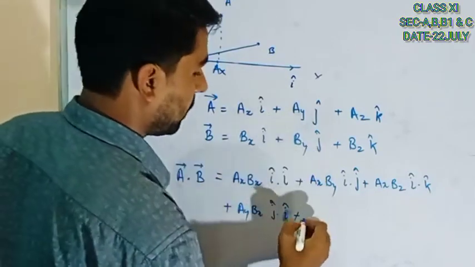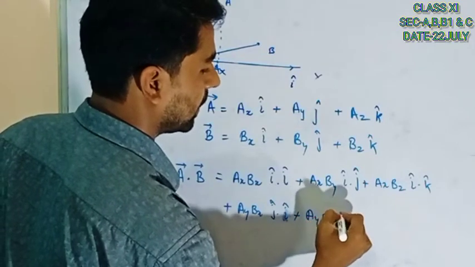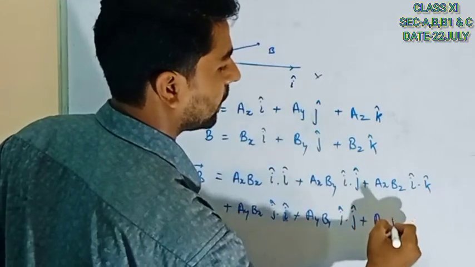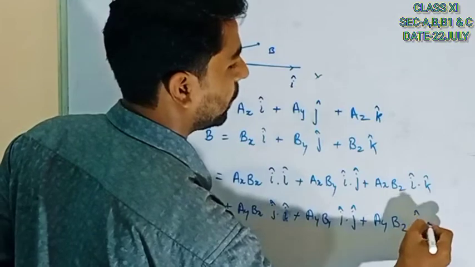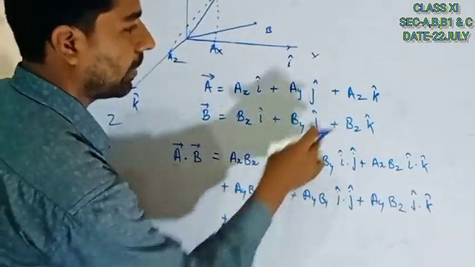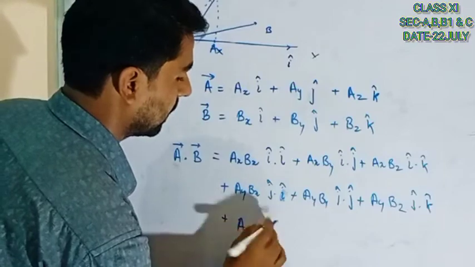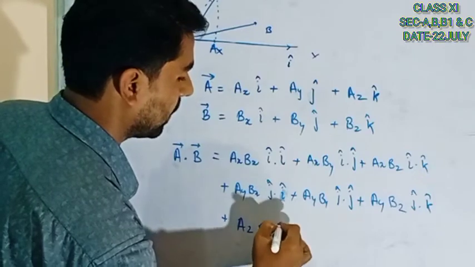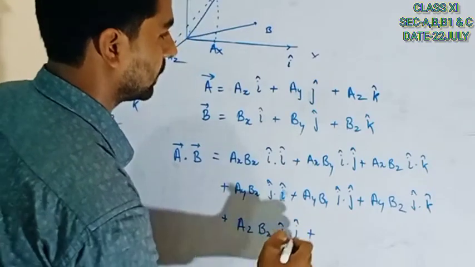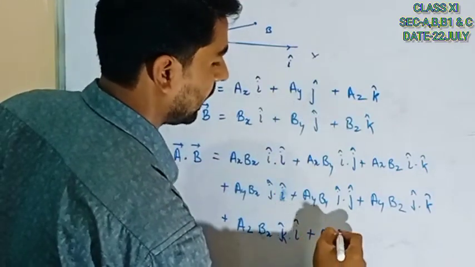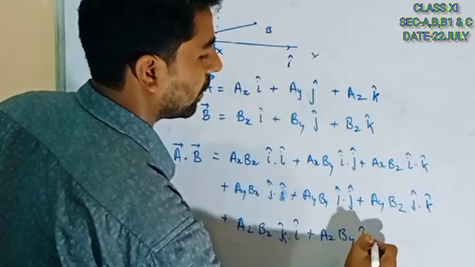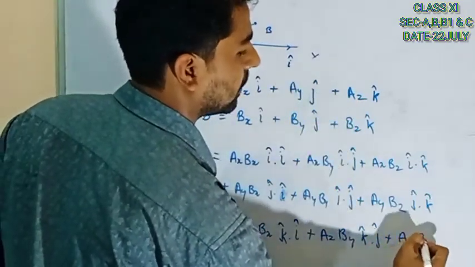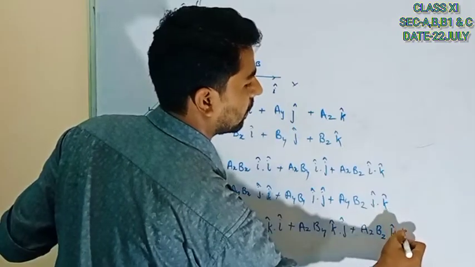plus ay by, j dot j, plus ay bz, j dot k, plus now about az with bx, k dot i, plus az by, k dot j, plus the last term az bz, k dot k.